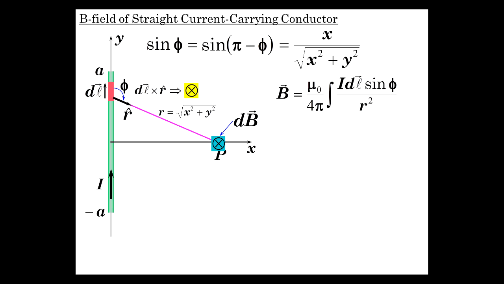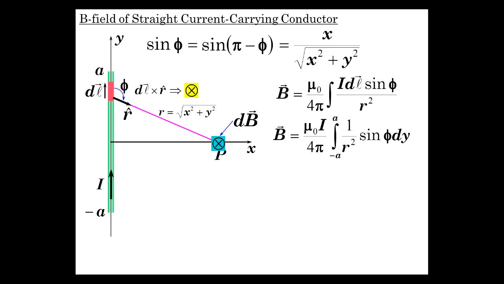So B, by the Biot-Savart law, is mu 0 over 4 pi, I dl sine phi over r squared. And the I is constant here in this length, 2a, so it's going to come out, and we're integrating from minus a to a, 1 over r squared sine of phi dy.